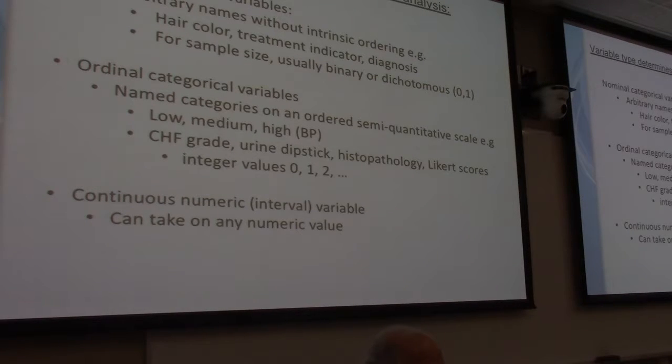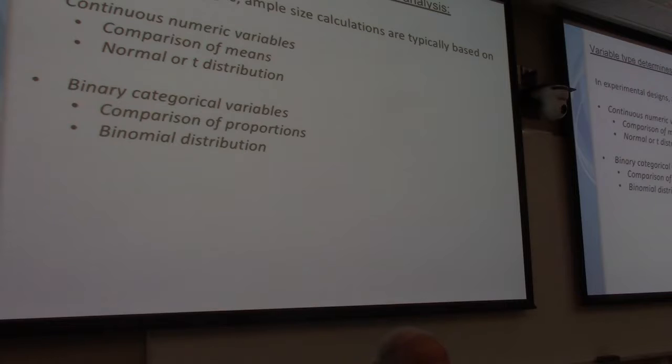Continuous numeric variables are also called interval variables, and they're basically variables that can take on any numeric value, technically from minus infinity to infinity, though the negative values may not be realistic for weight or blood pressure. So when we're doing sample size calculation, they're actually astonishingly easy for most experimental designs.